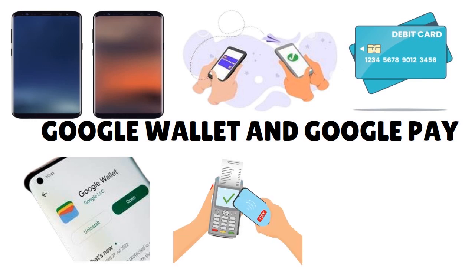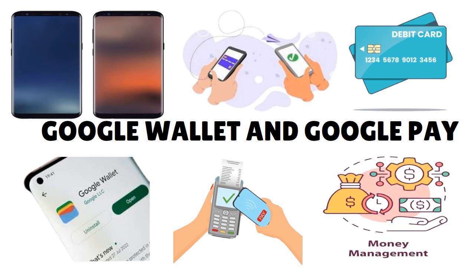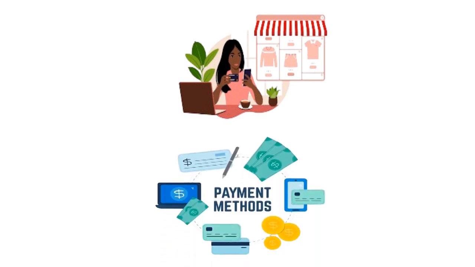Meanwhile, Google Pay, available for Android and iOS, is a more comprehensive money management platform. It allows for peer-to-peer payments, as well as purchases both online and in store. And on Android devices, it connects directly with the wallet to use added payment methods. So that's really the correlation here, but also the divergence.